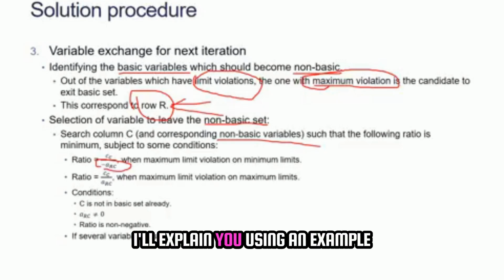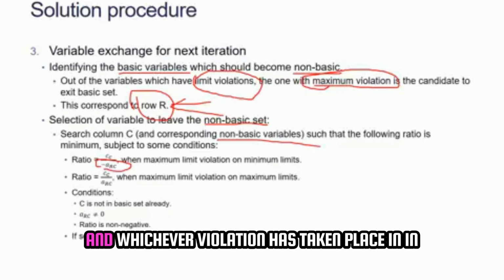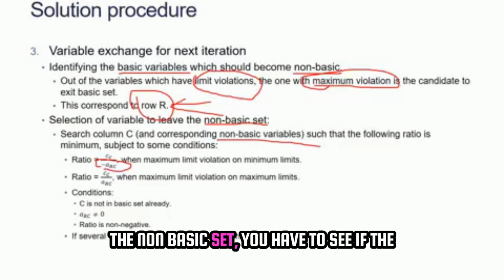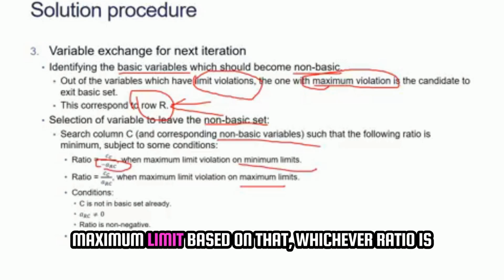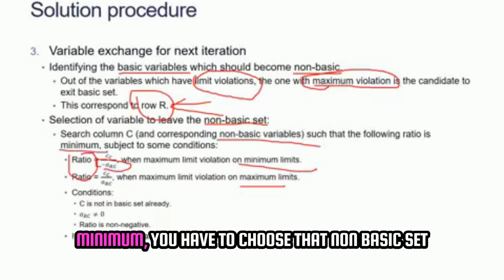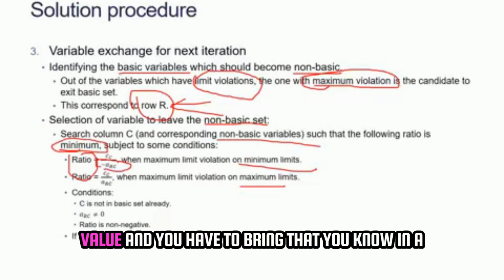I'll explain it using an example that will make things very simple. And whichever violation has taken place in the non-basic set, you have to see if the violation is on the minimum limit or the maximum limit. Based on that, whichever ratio is minimum, you have to choose that non-basic variable and bring it into the basic set.